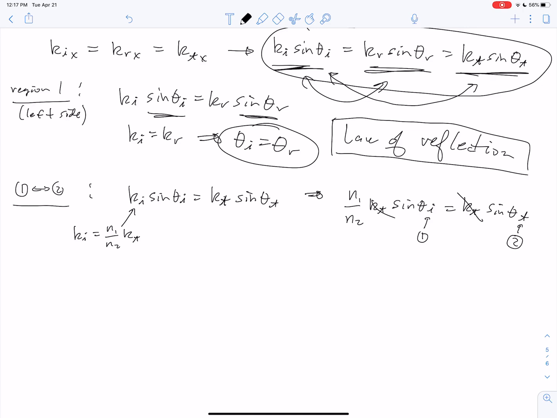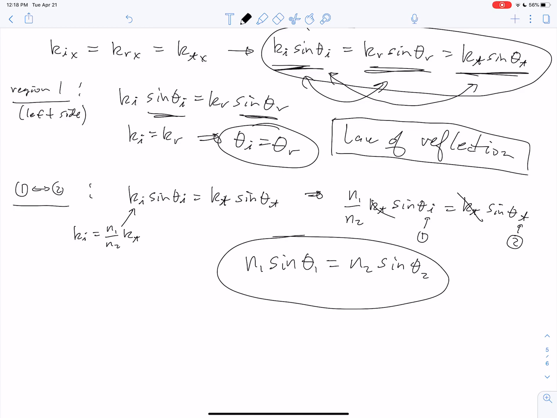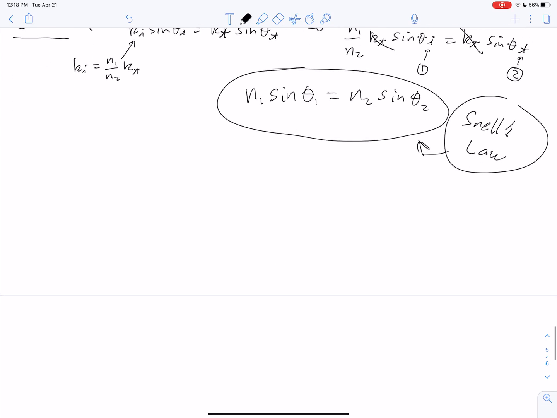And then we end up with n1 sine theta 1 is equal to n2 sine theta 2. And this is, of course, Snell's law. You have all seen this before, and so you can see how Maxwell's equations lead to Snell's law.